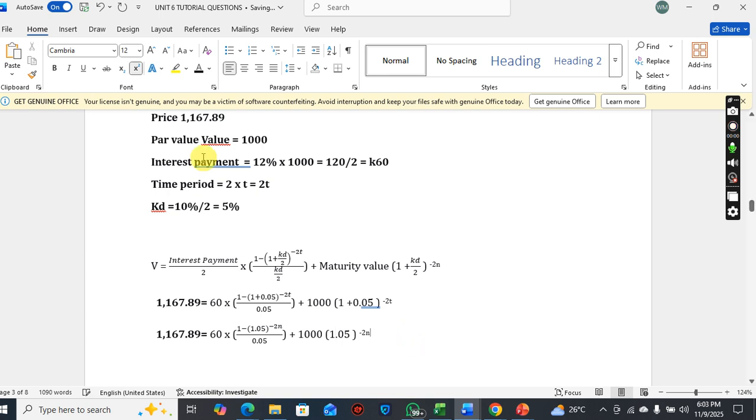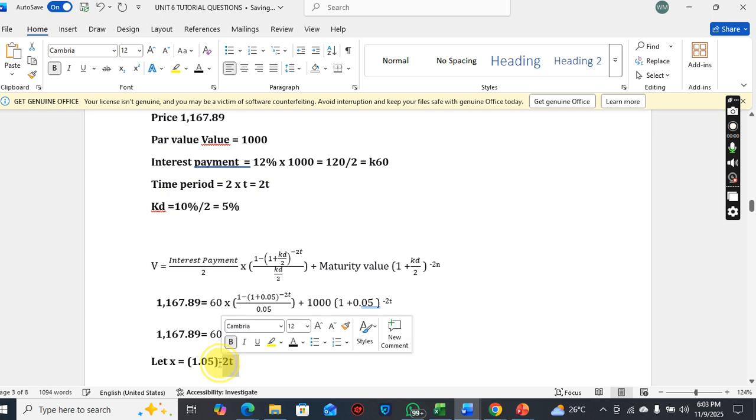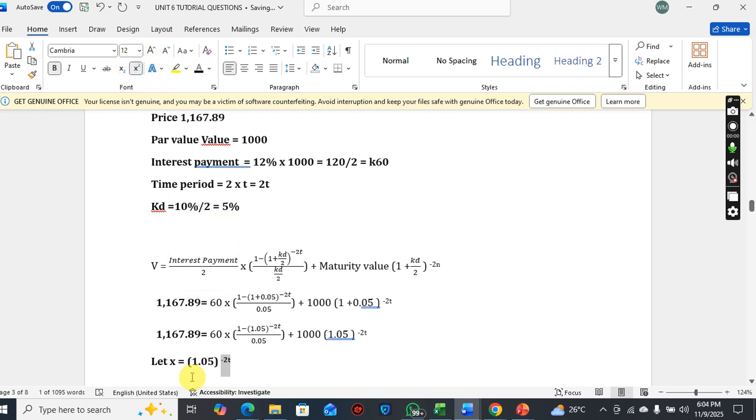Okay, so to make the tabulations easier, this is what we're going to do. We say let x equal 1.05 to the power negative 2t. So we're basically solving by substitution.